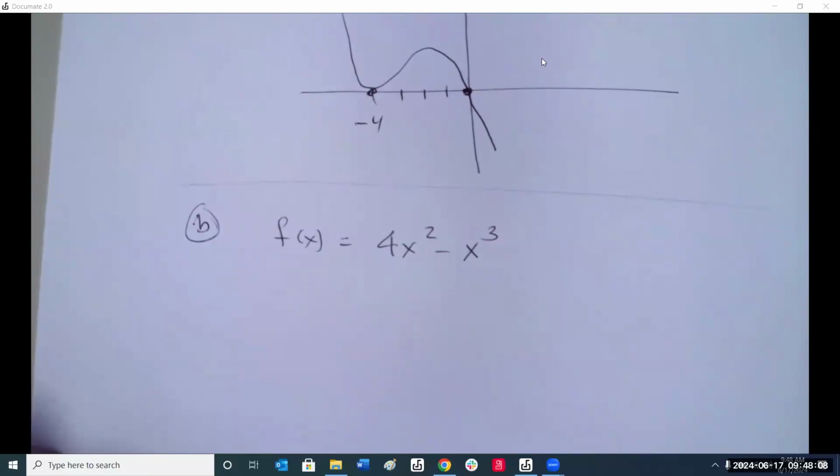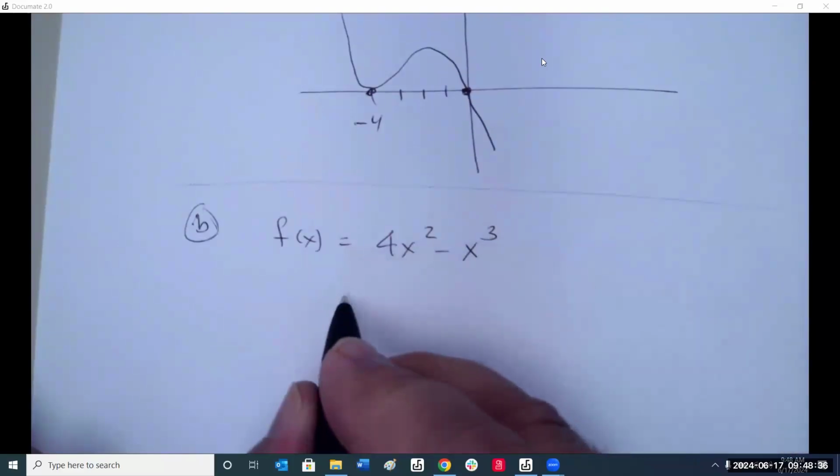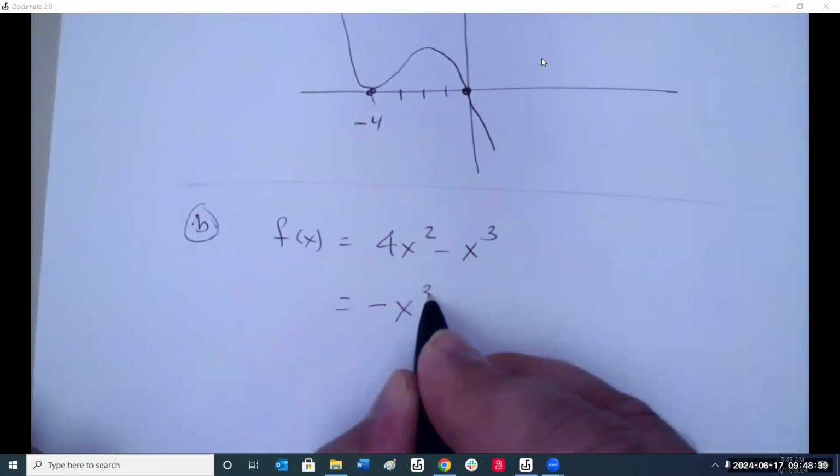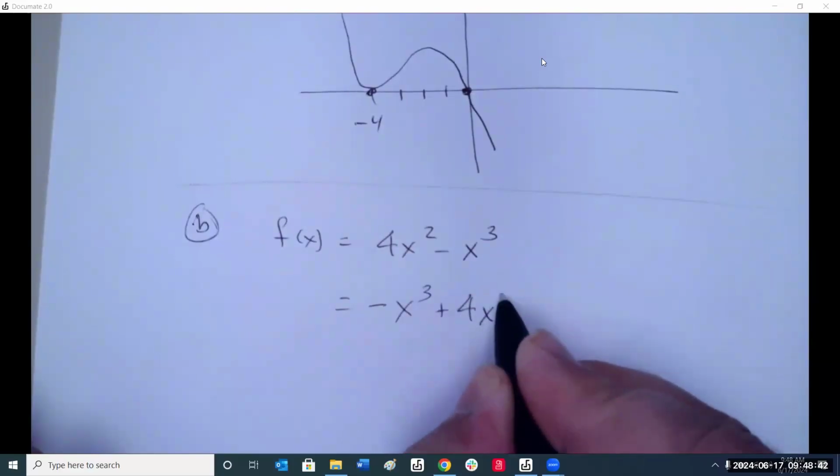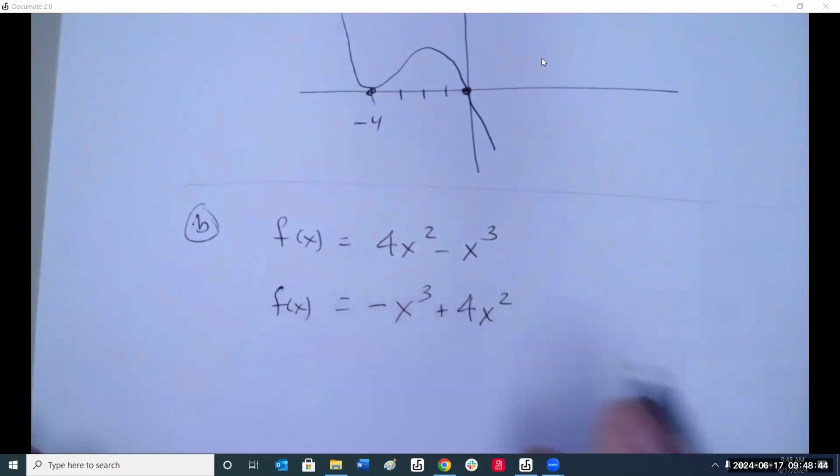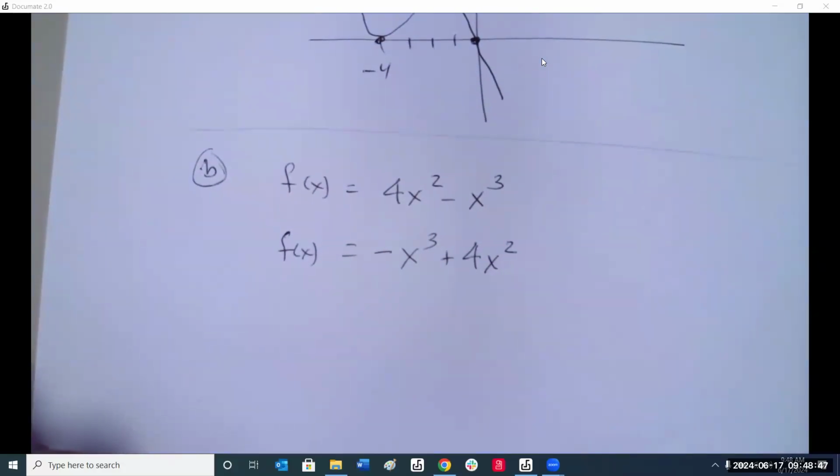How about that one? Whenever you see an equation like this, an example like this, the first thing you have to do is put it in decreasing order. Because this is the larger exponent. So I got to make it like this. So what kind of function is this?